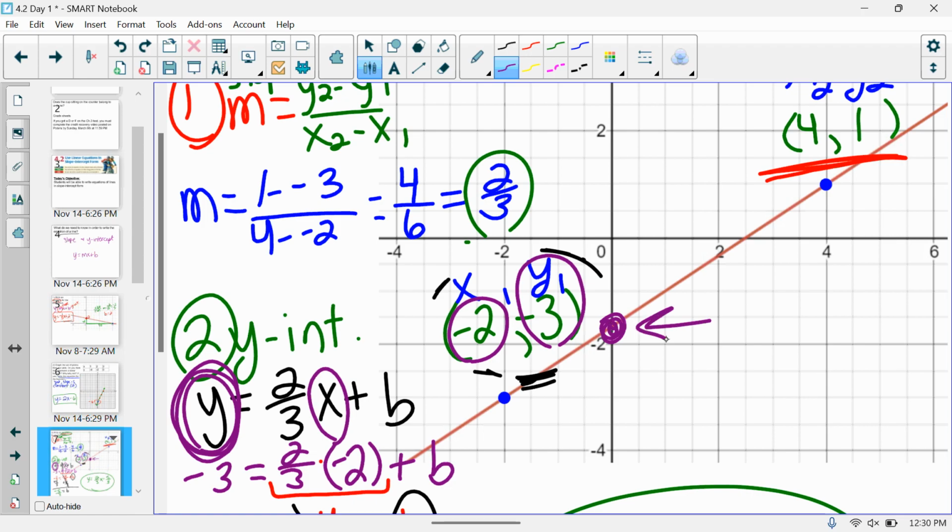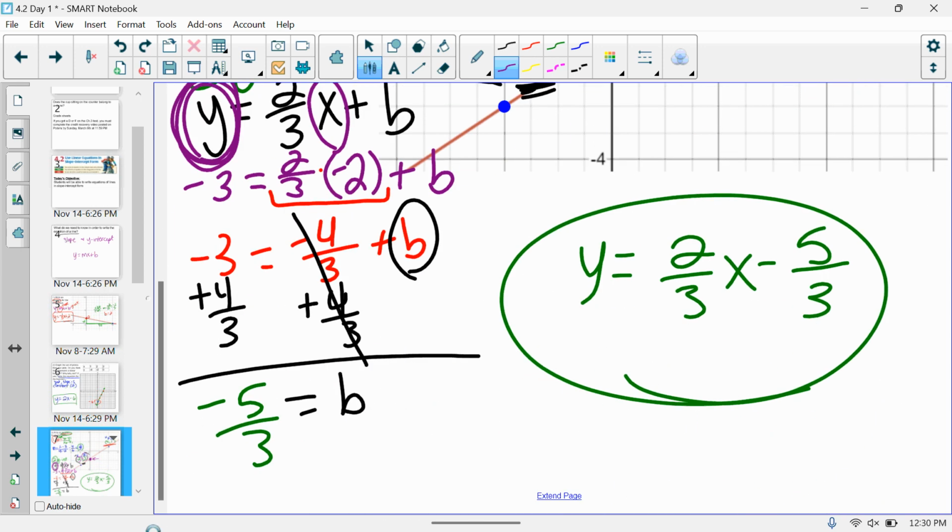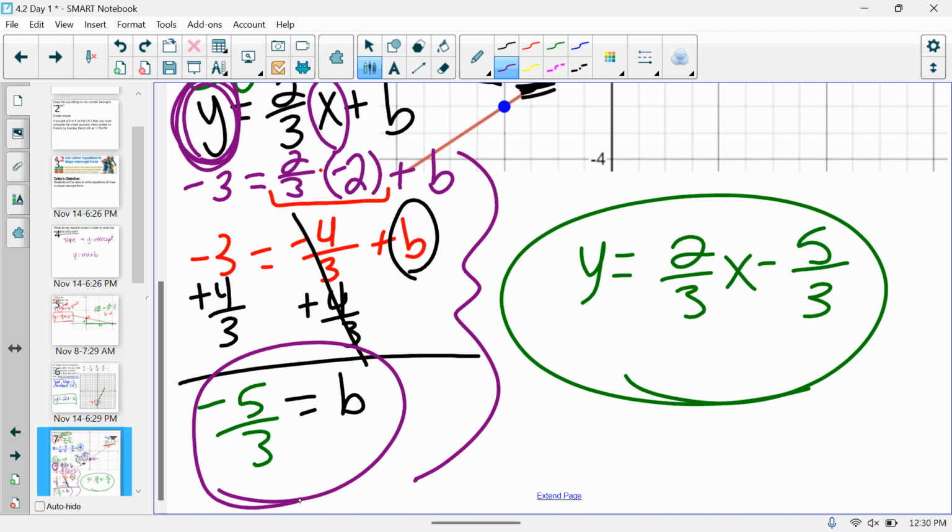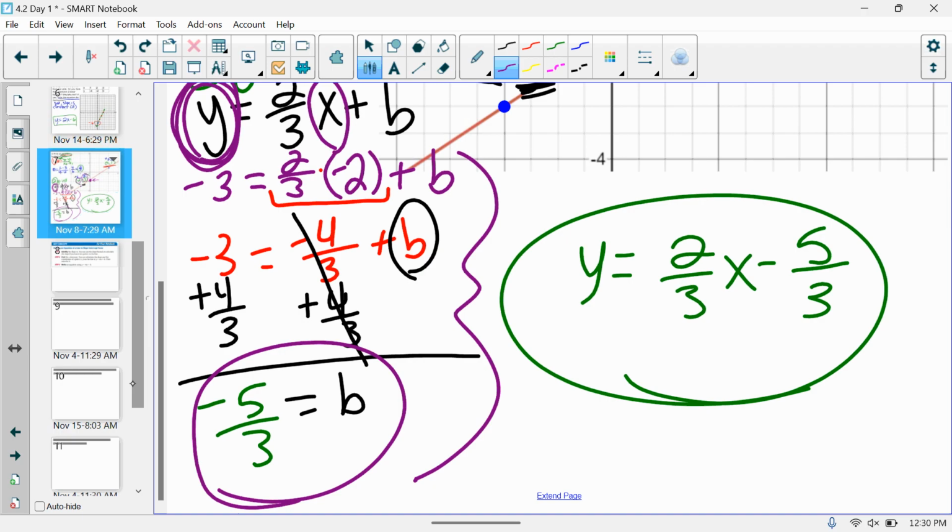So you were close, but it's -1.6 repeating. You can't possibly even guess that, right? That's literally impossible. So we have to know how to do this algebra to help us find the exact value of B, okay? You guys made a nice guess there, but we have to know these steps.